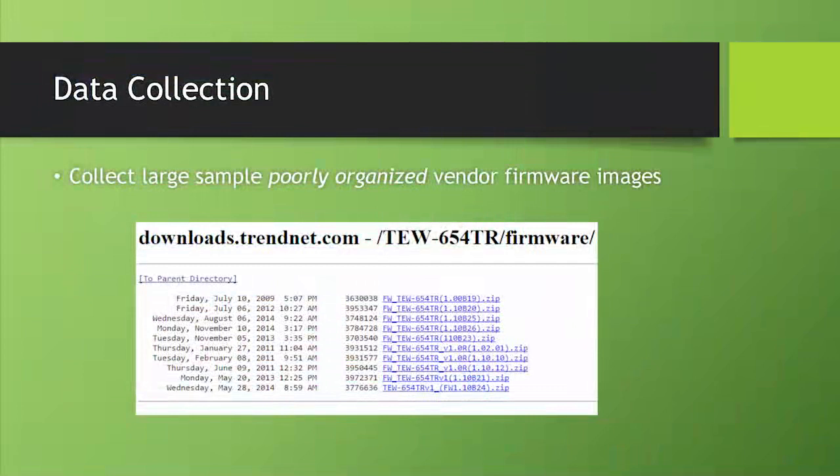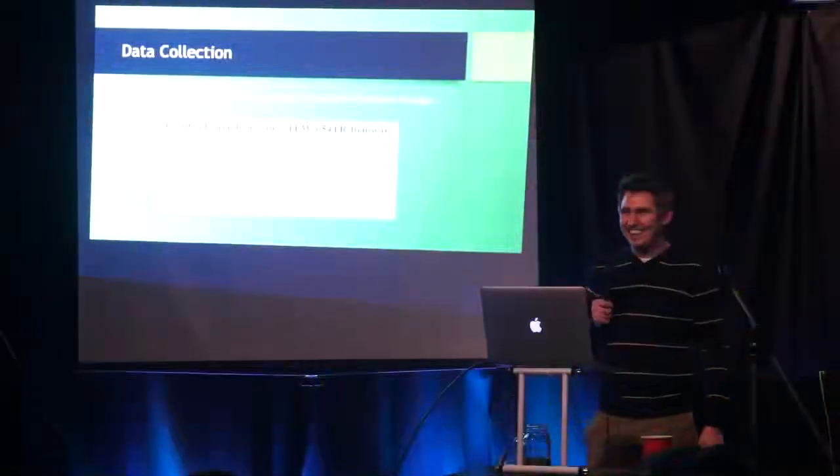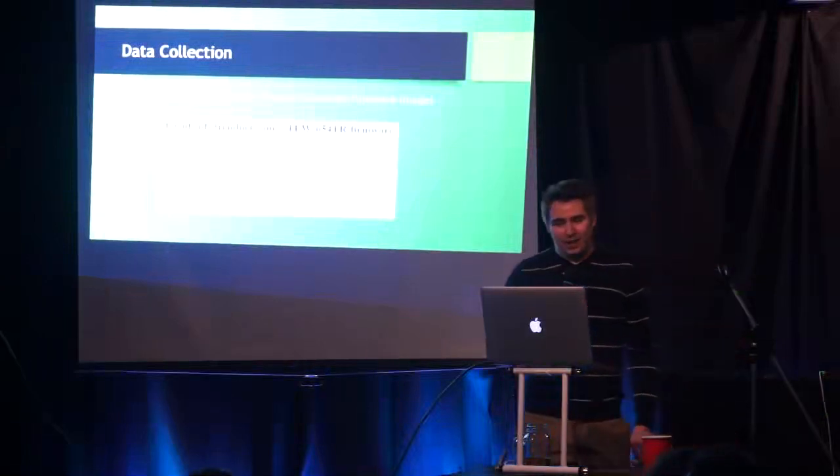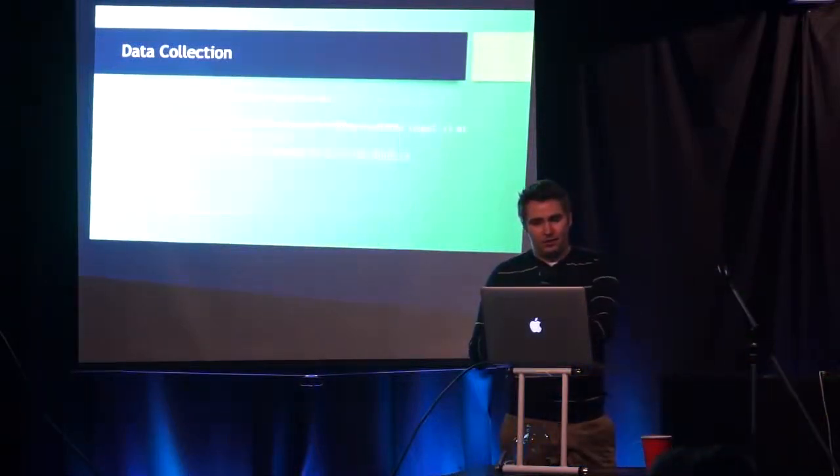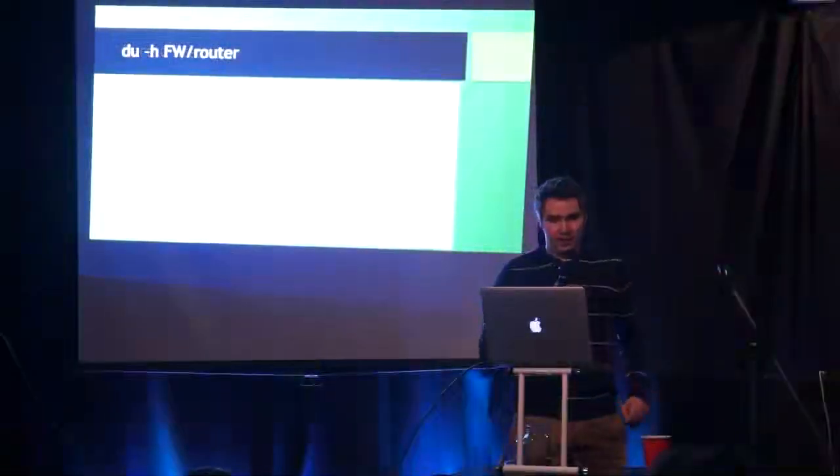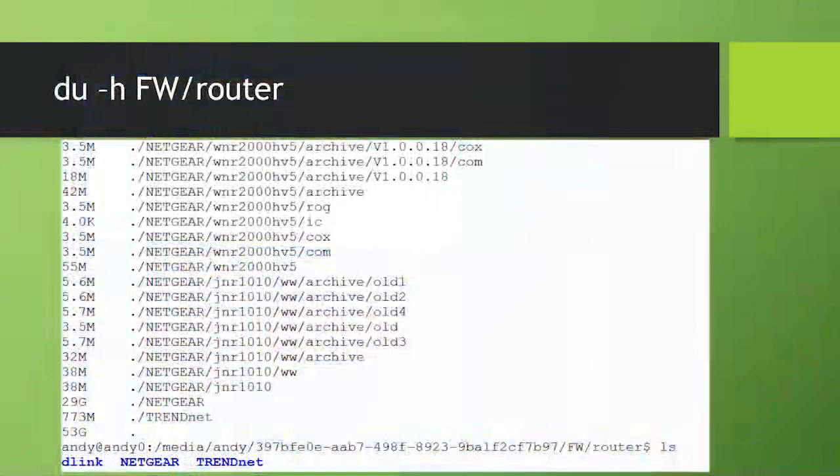Okay, so TrendNet really sucks at their naming conventions. So if you look, yeah, see? No, you can't see because of the projector. I spent more time doing normalization of data than I did anything else, really. I downloaded all of this firmware, and I have to have it in a naming convention so that programmatically, when I consume it, I can understand where it came from.